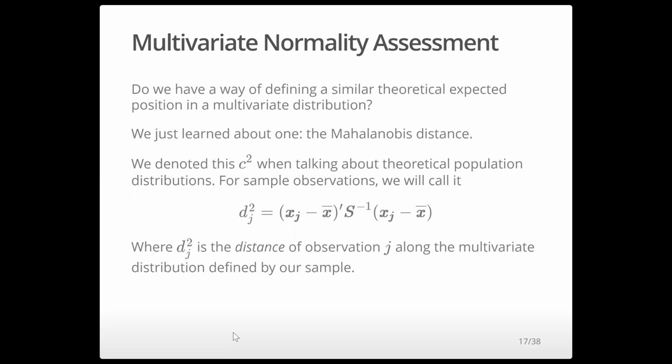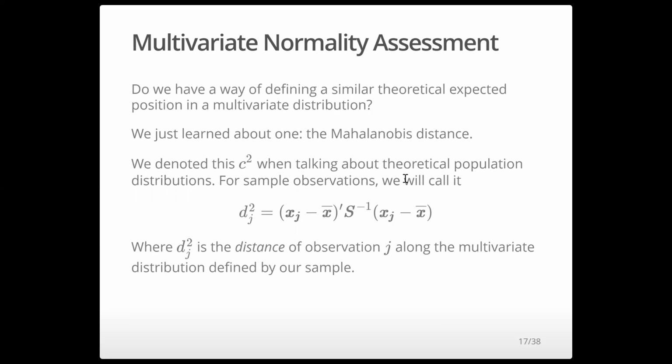So this would be the distance that we learned about in the first video, the Mahalanobis distance. Again, I probably pronounced that wrong, I'm not sure. We denoted this c squared when we were talking about the theoretical population distributions in the last video.